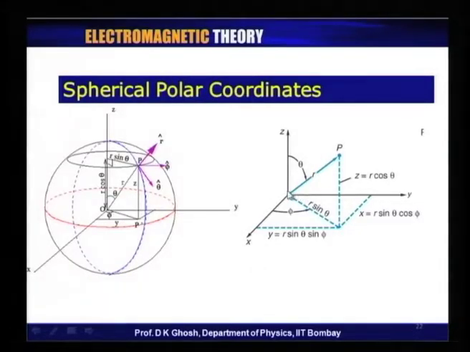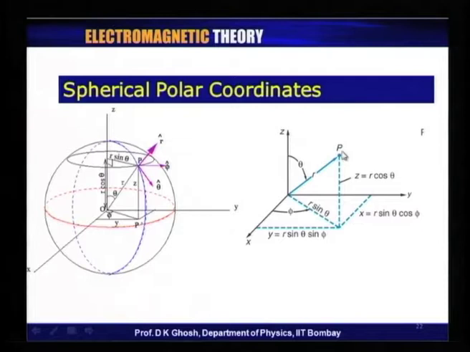This is called the radial coordinate, and the direction from the origin to the point P along the radial direction, along that will be my unit vector r cap. Now, I have a point P. Now, what I do is this: this radial vector OP is making an angle theta. Here is the picture which describes what I am doing, making an angle theta with the z axis.